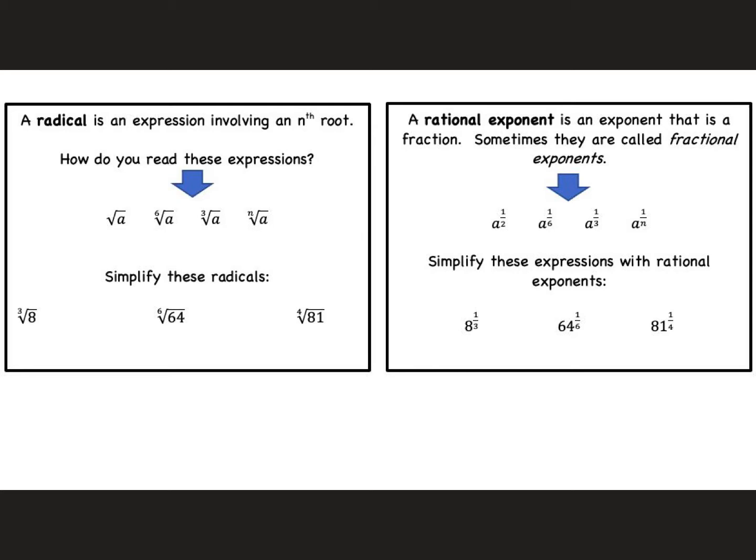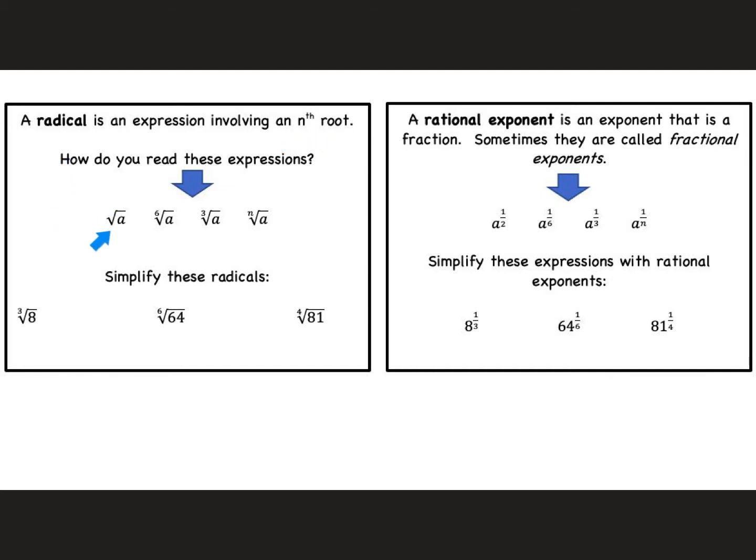So to understand this, we're going to begin by looking at these right here. These are known as radicals. You know this one as the square root sign, but there's more than just square roots, there's other types of roots. So a radical is an expression involving an nth root, where n is an integer.